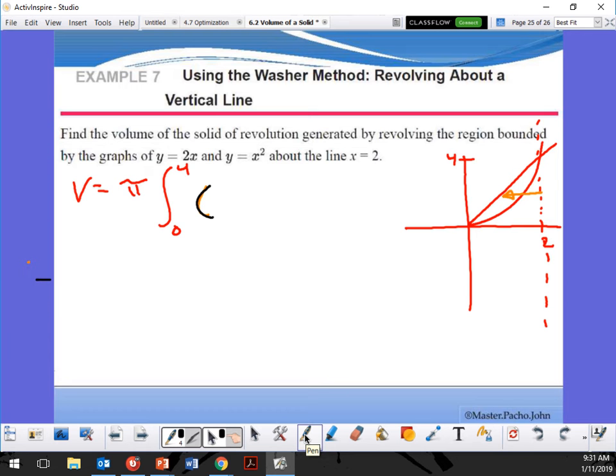So now my function is going to be 2 minus y over 2. I'm not talking about the area on this side anymore. I'm not talking about all this right here. I'm talking about the other side over there. So it's going to be the function of 2 minus whatever I have from here, minus that area right there.